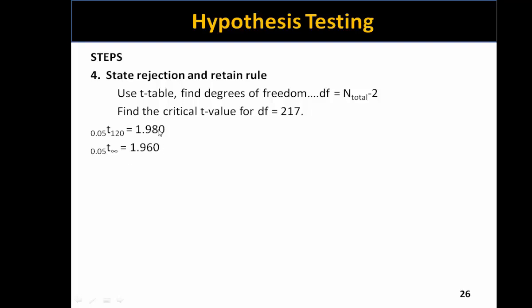But because the critical t-values of 1.98 and 1.96 are very close to each other, it would be perfectly reasonable to settle on a score halfway between these two values. So for 217 degrees of freedom, which is quite a bit larger than 120, although much smaller than infinity, it's perfectly reasonable to pick the number halfway between these two values.